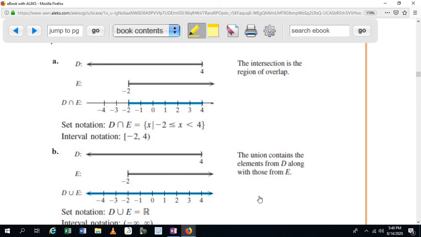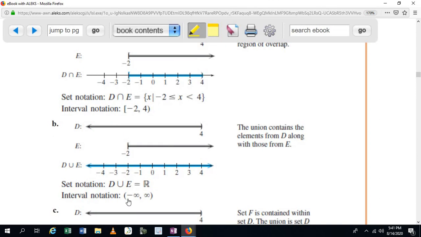Well, that's everything. So D union E is the set of all real numbers, which you can denote with this capital R. And in terms of interval notation, it's -infinity to infinity.